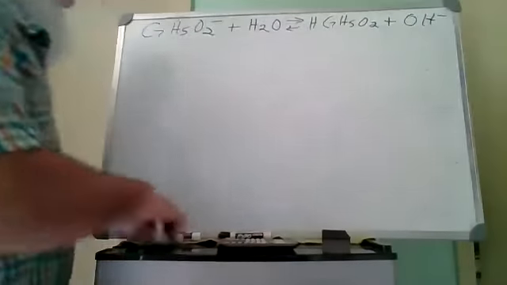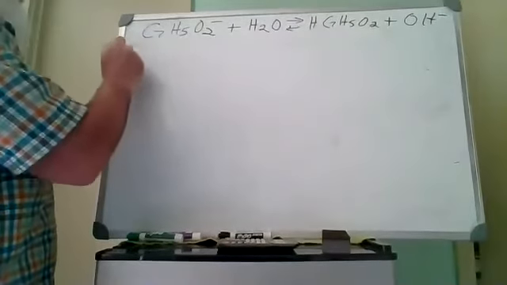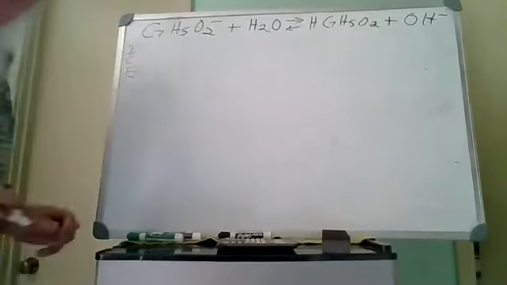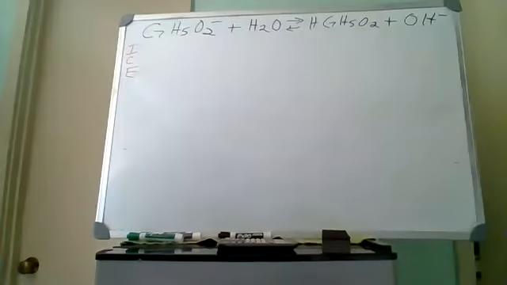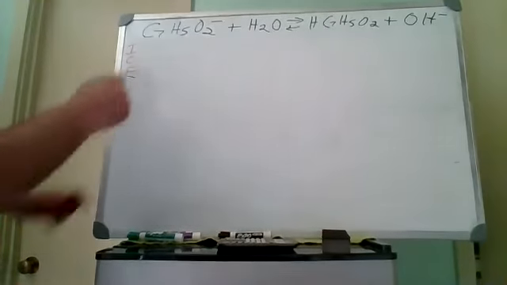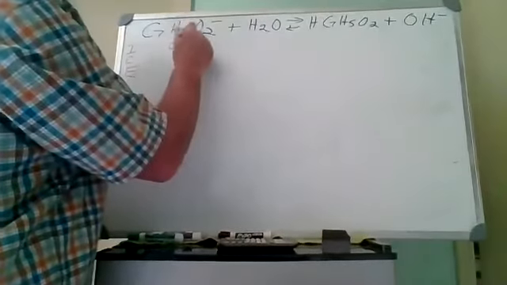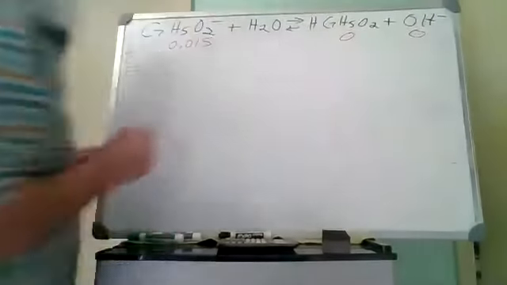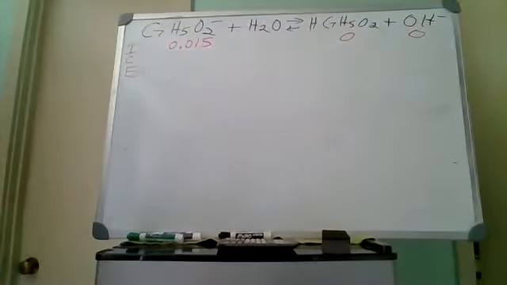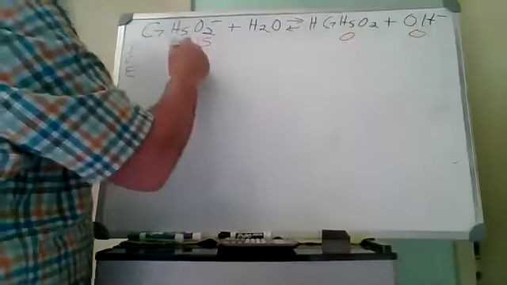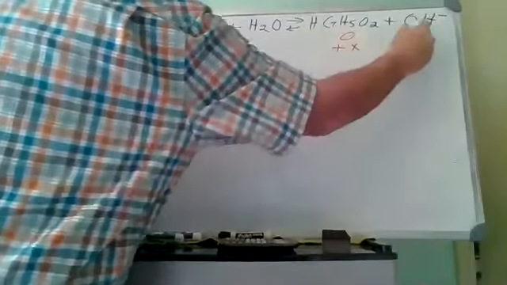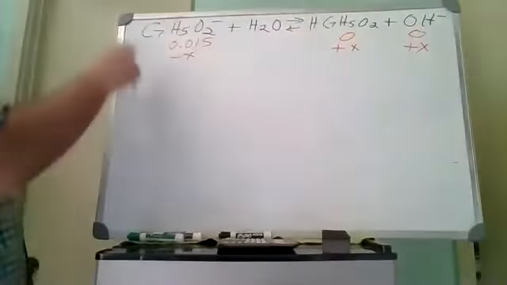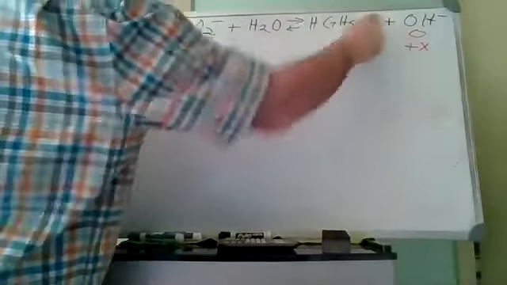All right, so now we're going to set up an ICE table. The initial here I think was 0.015, 0, 0. And what's the change? Minus X, plus X, plus X. Again, that comes from all the coefficients being 1.